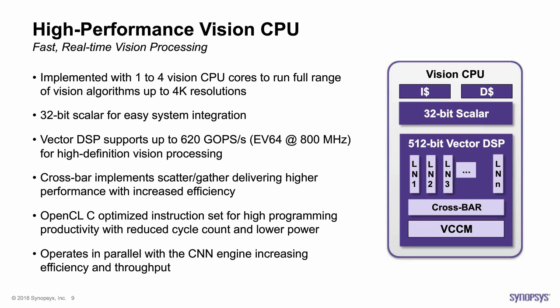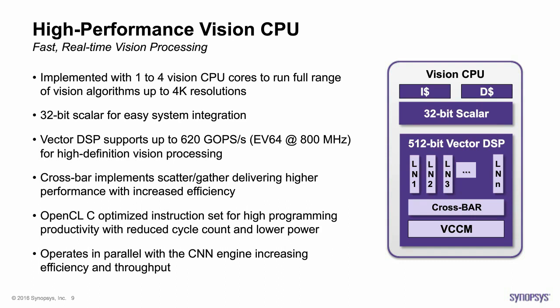You can also configure the vector DSP, depending on how you want to use that. Now, with 4 of these, you get a very high level of performance that, again, will support 4K video streams with 620 GOPS of processing capability per second, and that's at 800 megahertz.